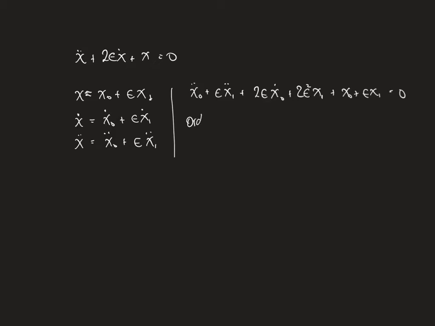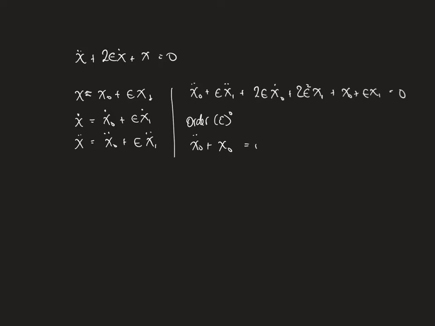Okay, order 0 means we have epsilon 0, and then we will have x0 dot plus x0, and that's all.